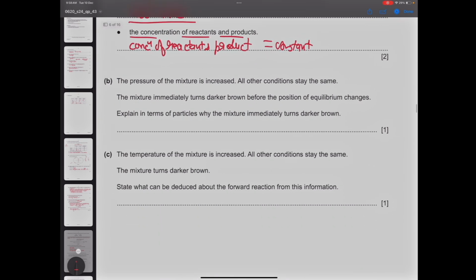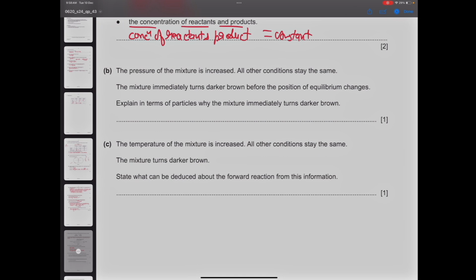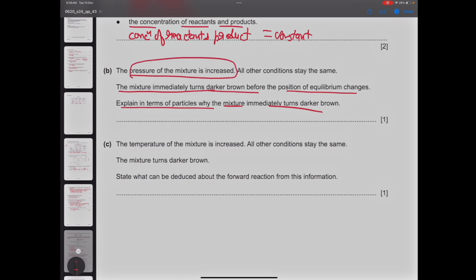Now, pressure of the mixture is increased. All the conditions stay the same. The mixture immediately turns darker brown before the position of equilibrium changes. Explain in terms of particles why the mixture immediately turns darker brown. So in short, they're just asking you that when we are increasing the pressure, the color of the mixture is changing to darker brown.